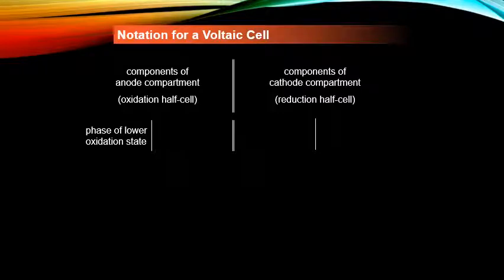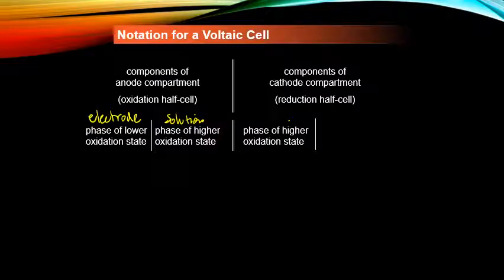So we put the phase of the lower oxidation state on the outside. Typically that's going to be your electrode when we're talking about the anode compartment. And then the phase of the higher oxidation state, that's going to be your solution. And then for the cathodic compartment, you would now have the phase of the higher oxidation state, so I'd have the solution, and then the lower oxidation state, which would typically be your electrode. So again, states of matter would be important here.